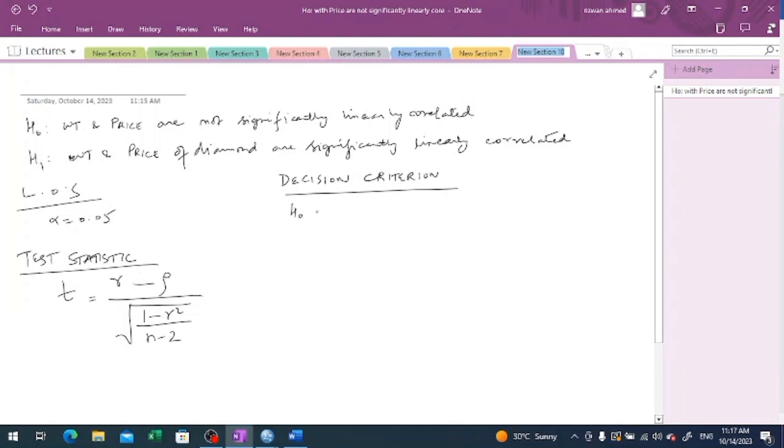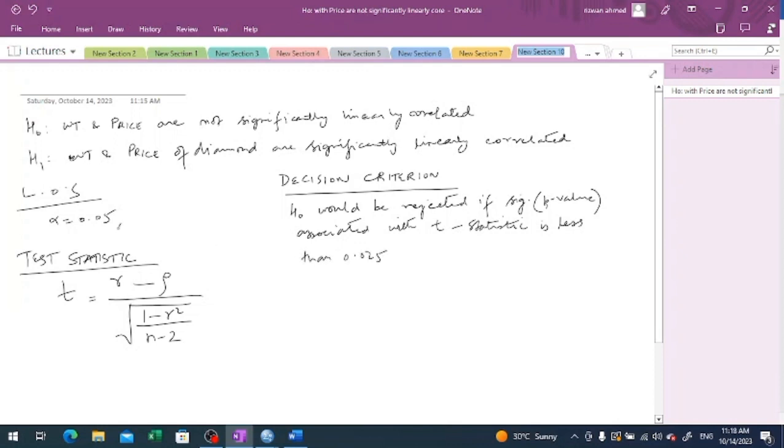H naught would be rejected if the significance or p-value associated with the T statistic is less than 0.025.